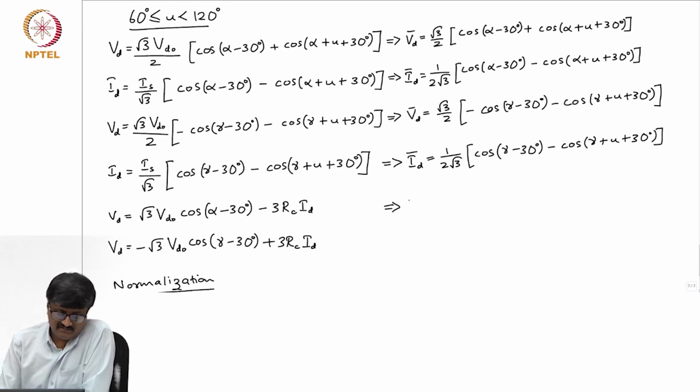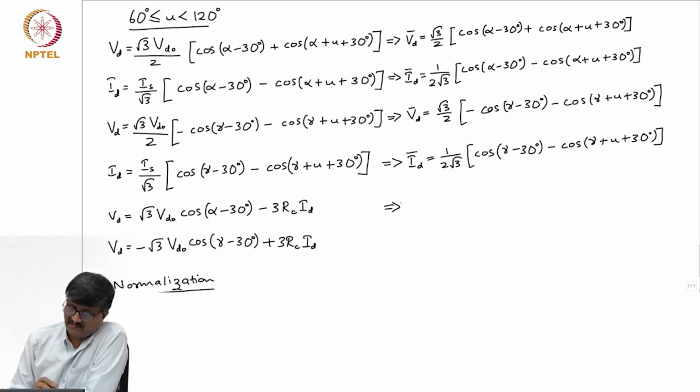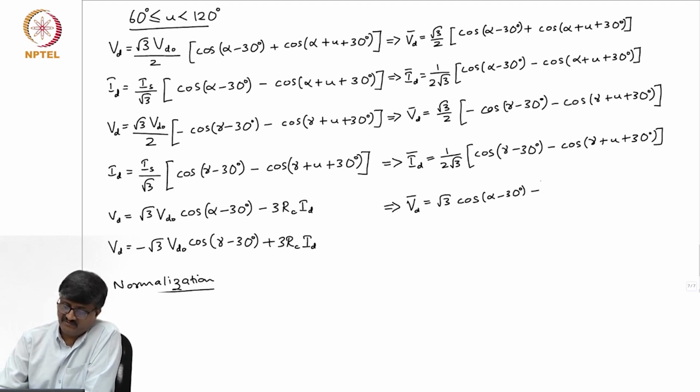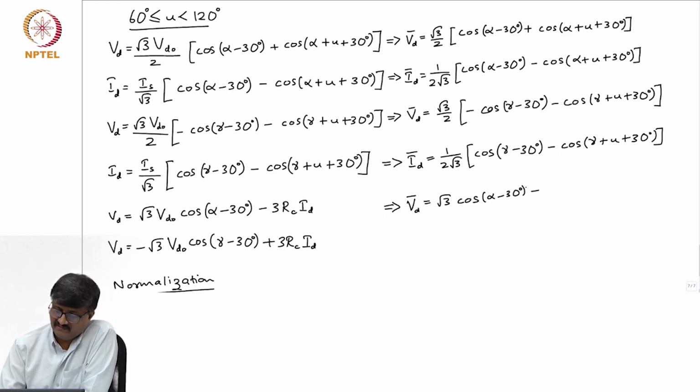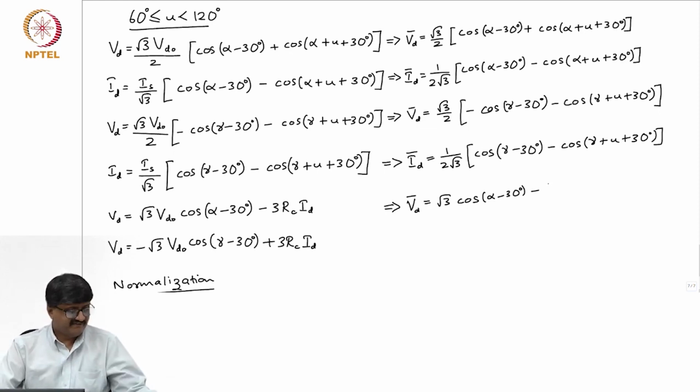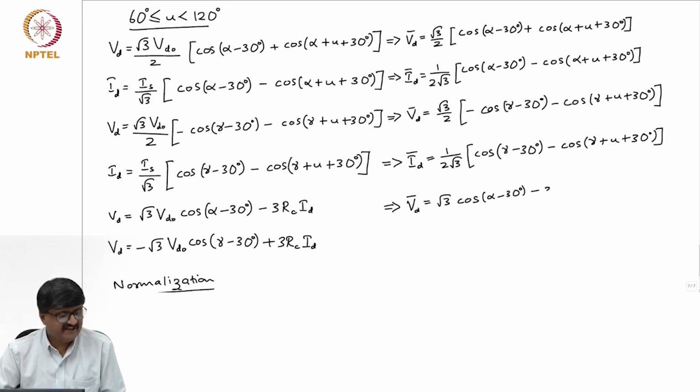In the next equation, I have VD, VDO, alpha, RC ID. After normalization, I will not have VDO and I will not have RC. I get VD bar equal to root 3 cos (alpha minus 30 degrees). If I use the definition of RC, which is defined as VDO by 2Is, I get the second term on the right hand side as 3 ID bar.